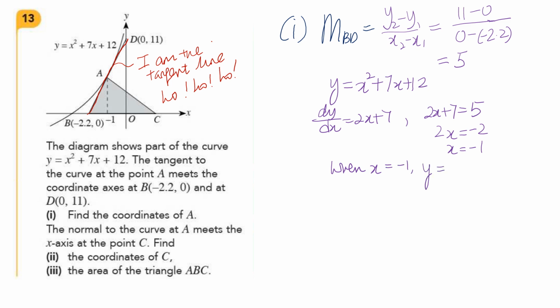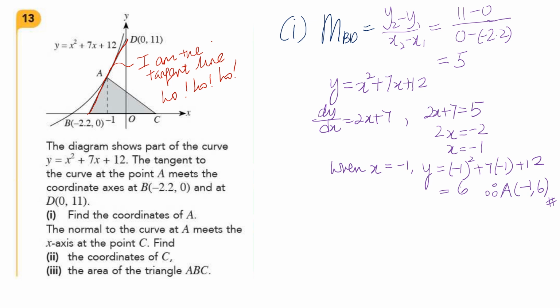Your y coordinate will be, make sure you bracket it because x is negative 1, and that gives you how much? 1 minus 7, negative 6, plus 12, 6. So therefore, your point A will be (negative 1, 6).